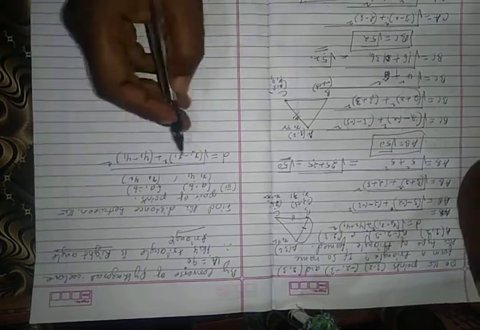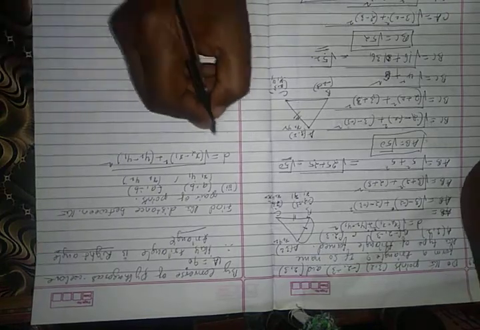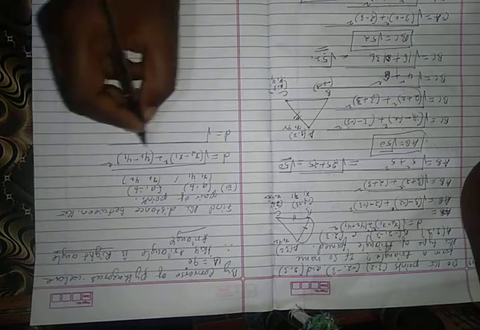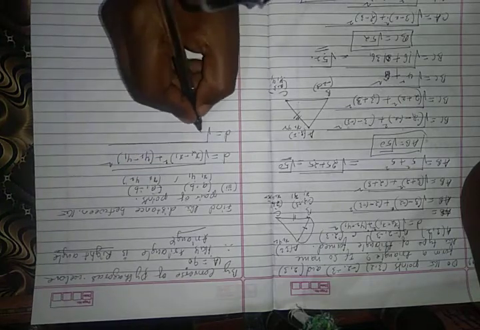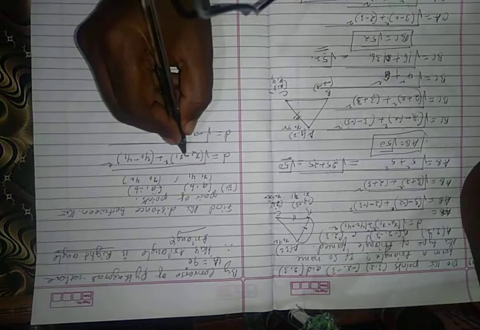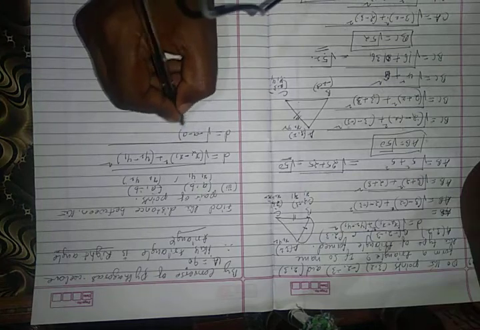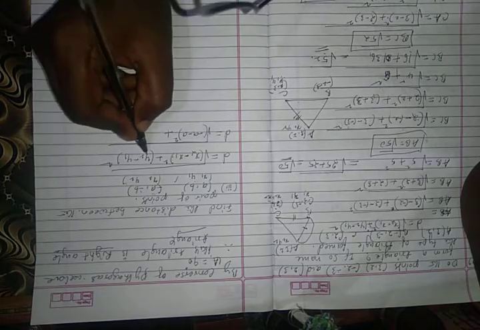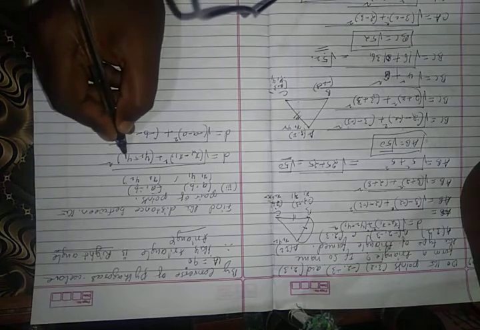Very important, you have to draw the square root up to the end. So d is equal to the square root of (x2, which is minus a, minus x1, which is a) whole square plus (y2, which is minus b, minus y1, which is b) whole square.